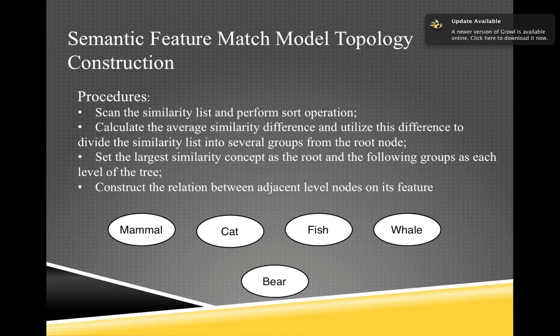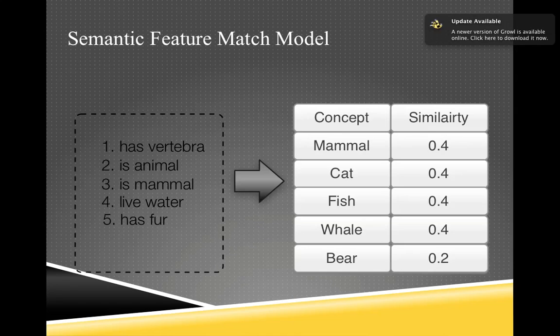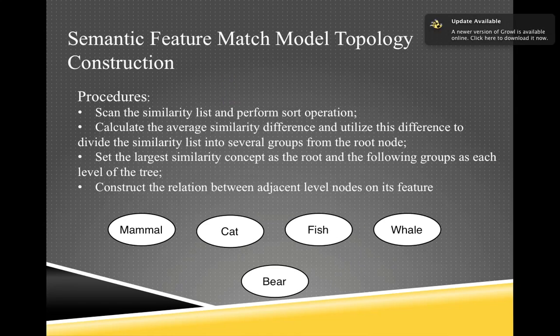Because from the plain text we can see that mammal and bear have no semantic feature, cat and bear also have no semantic feature, fish and bear have no semantic feature, and whale and bear have no semantic feature. So, based on this, there are no relations between the concepts here. So the whole thing is about the semantic feature model.